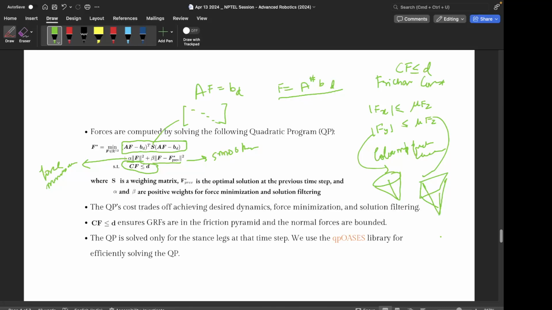These constraints ensure that the friction constraint is satisfied, and a constraint is also applied that the normal force is positive. Now this optimization problem is solved at each time step, and it gives us the required ground reaction force.